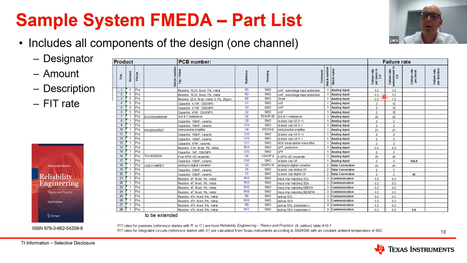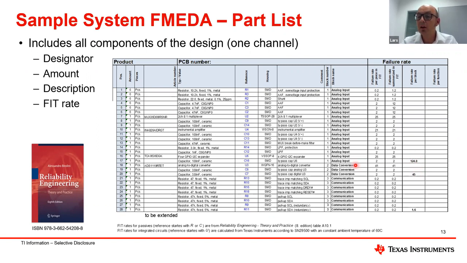So for example, here the resistor has a 0.2 FIT, but since we have 6 resistors here, it's a 1.2. And this goes all the way, and you can see here already the analog front end itself has a FIT rate. And I'm not talking about dangerous or not dangerous or safe failures, just the normal FIT is almost 125.